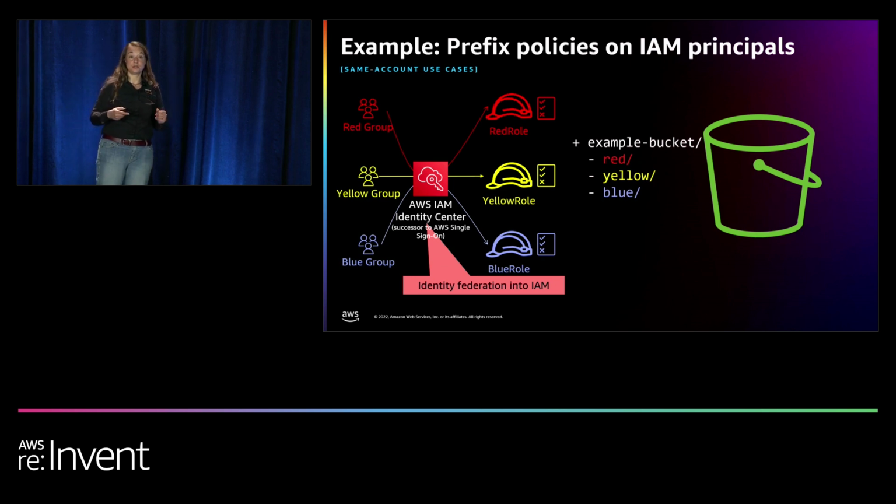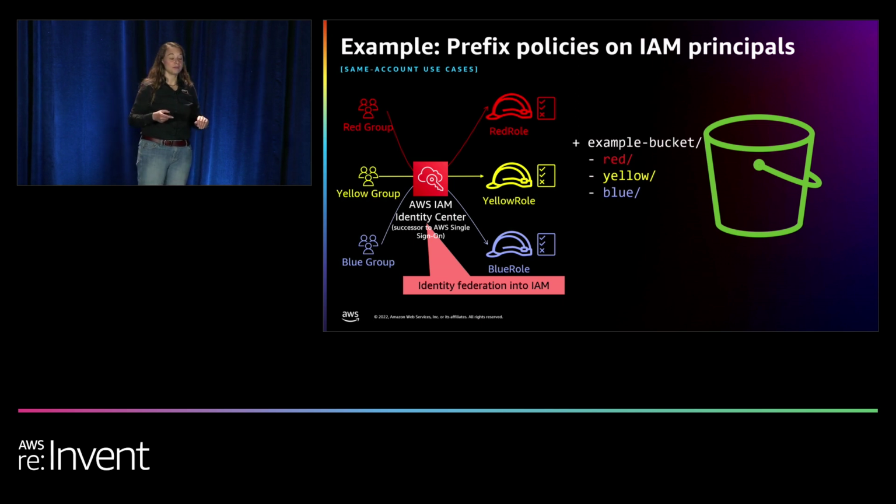AWS's own federation solution is called IAM Identity Center, which used to be called AWS Single Sign-On, but there are a lot of other technologies that do that as well: Active Directory Federation Services, Okta, or something custom that your company has built. All of that is possible. It's a way to map people into these IAM roles.